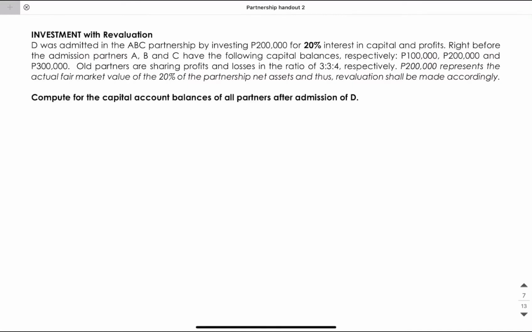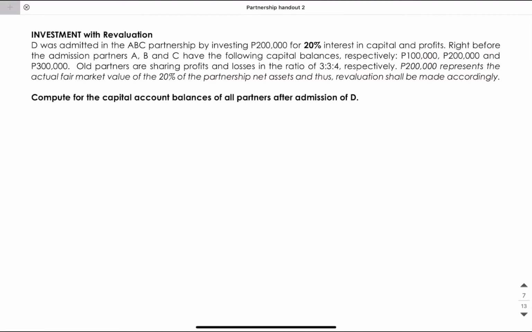All partners are sharing profits and loss in the ratio of 3:3:4 respectively. So it seems familiar because it is the same problem that we have answered previously, but the difference lies on this last statement. 200,000 represents the actual fair market value of the 20% of the partnership net assets, and thus revaluation shall be made accordingly.